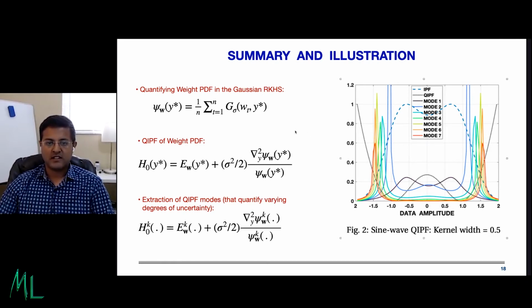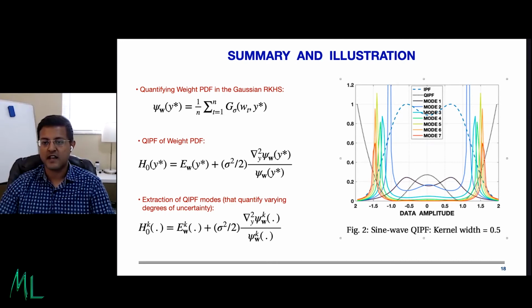So in this given illustration, this has nothing to do with a trained model. This is a simple sine wave, and we evaluate what the uncertainty moments look like for this particular sine wave. And as you can see, the IPF quantifies the PDF of the sine wave, which as expected looks like a bimodal distribution.